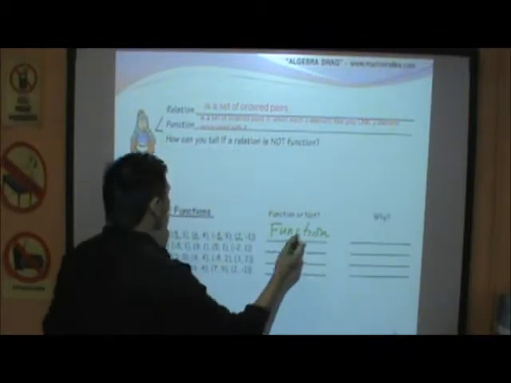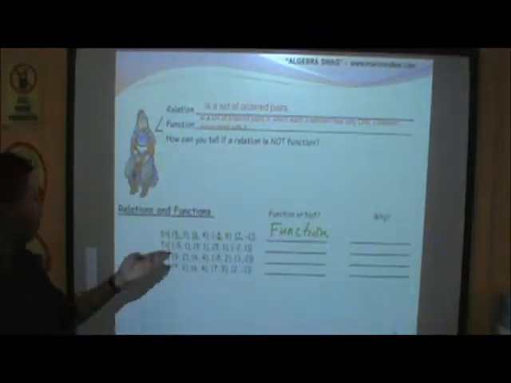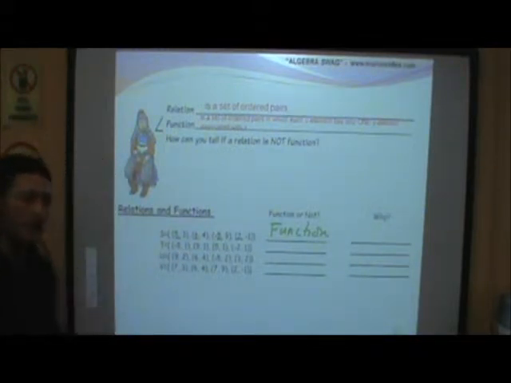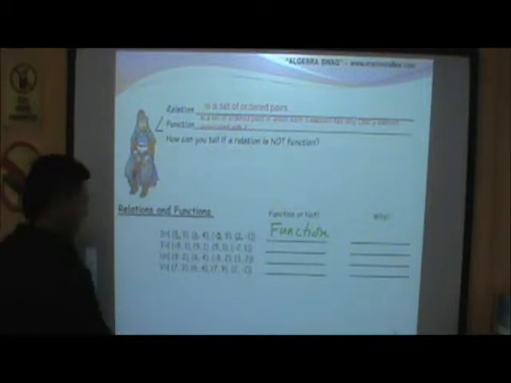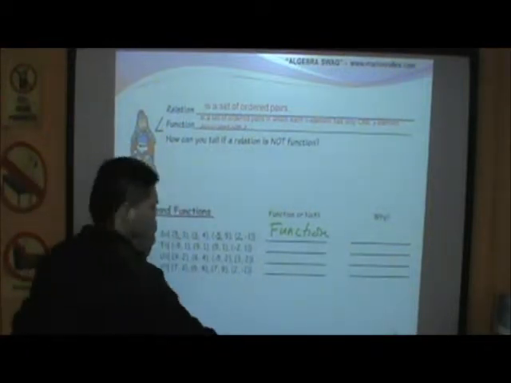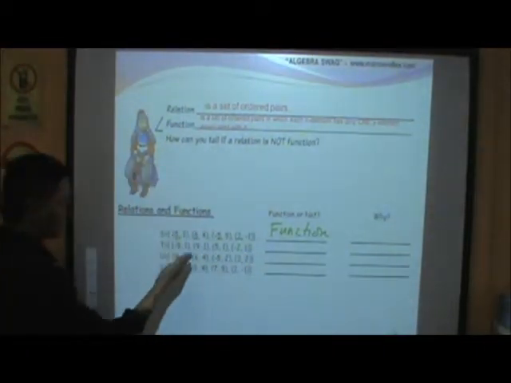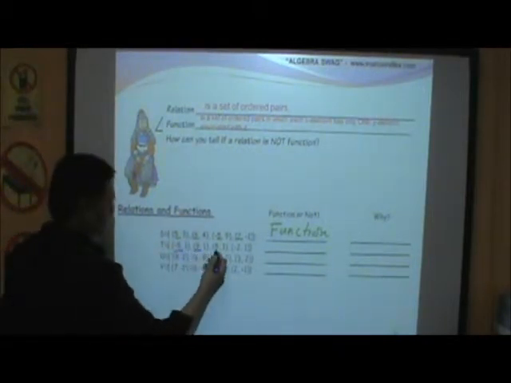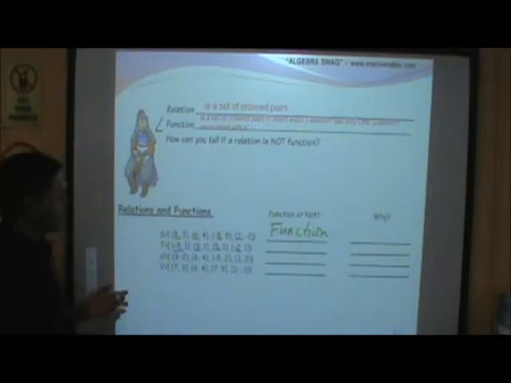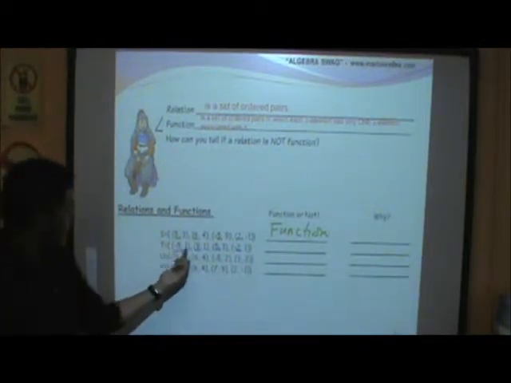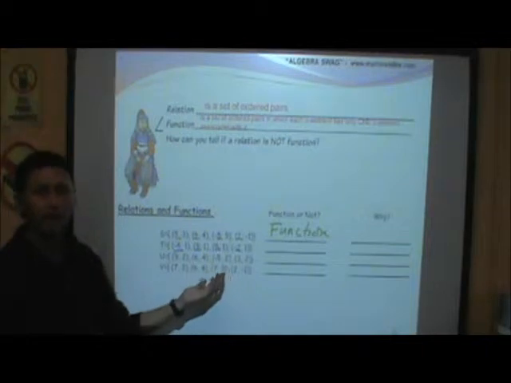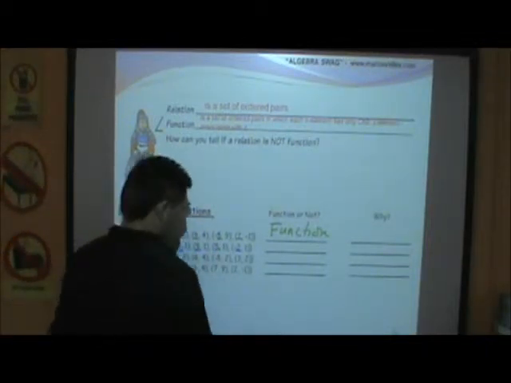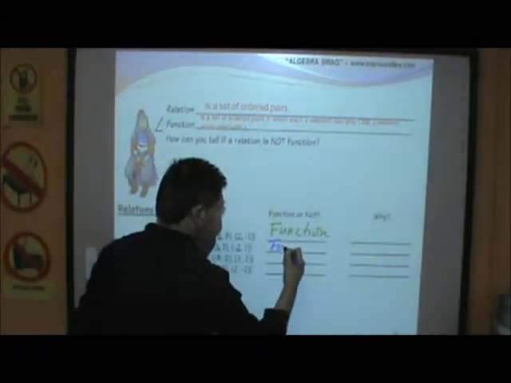Once again, a relation is a function when the domain, the x values, are not repeated. The next set is a function again, because the x values are not repeated. How about -5, 9, 5, and -2? Let's check. The x values are not repeated, so again, it is a function.